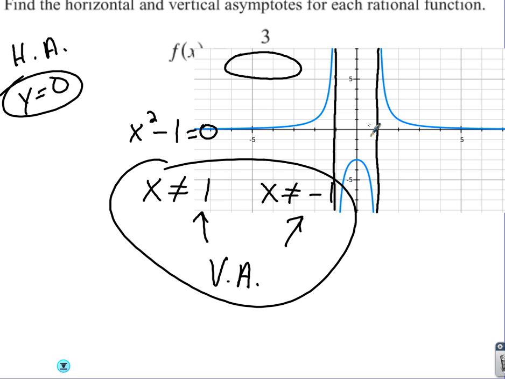Honestly, you plug in some values to find out what it's going to do in the middle. Horizontal asymptote, y equals 0. There's y equals 0. And again, it sandwiches it. As you get bigger and bigger, your graph approaches 0. As you get smaller, your graph approaches 0. The y value is 0. So there's all your horizontal and vertical asymptotes.